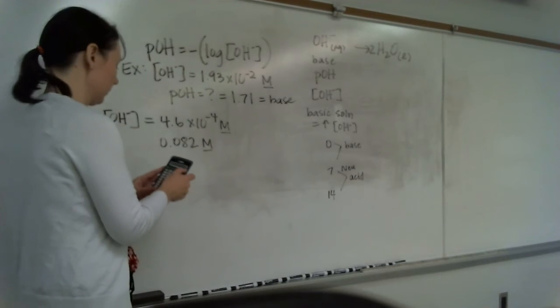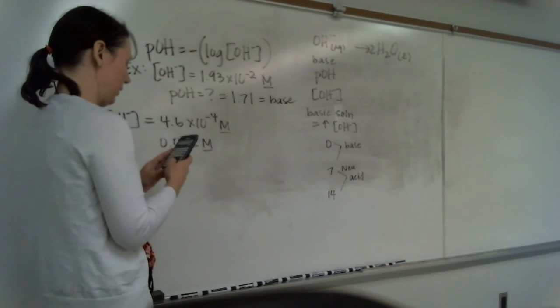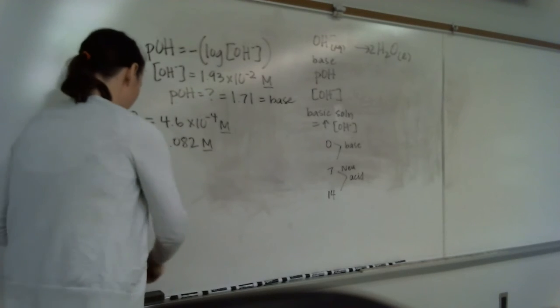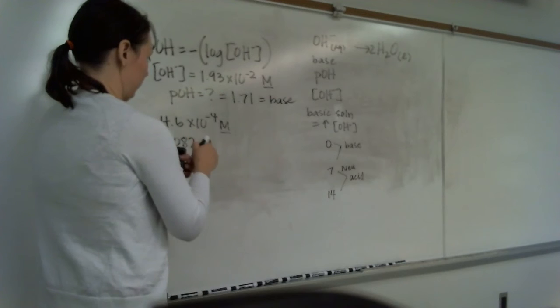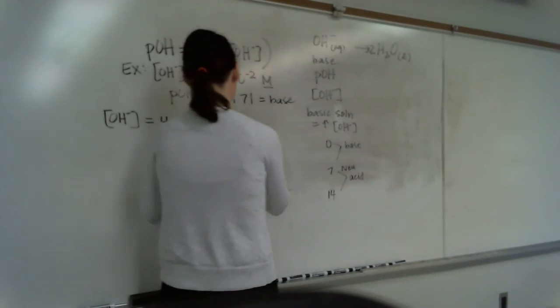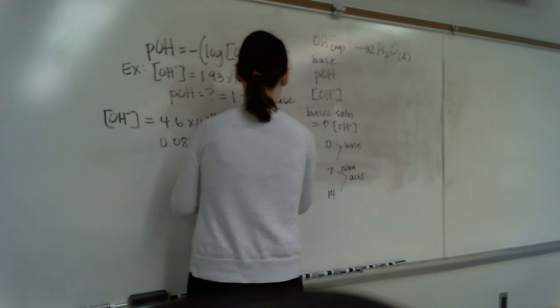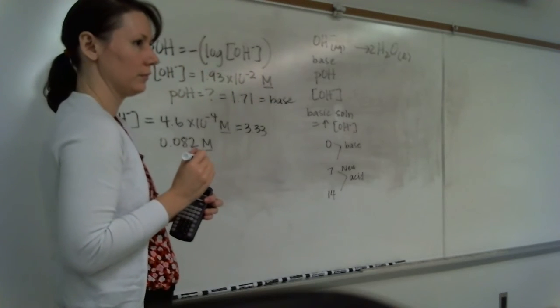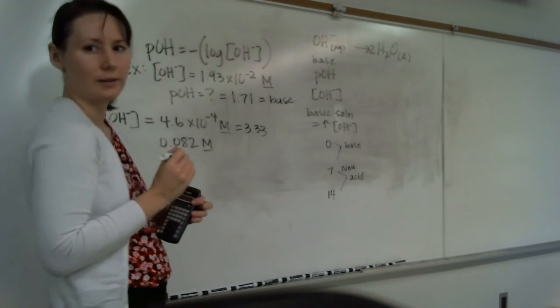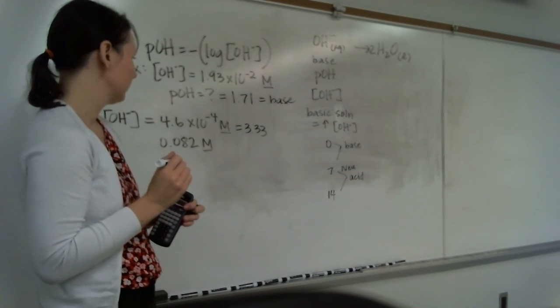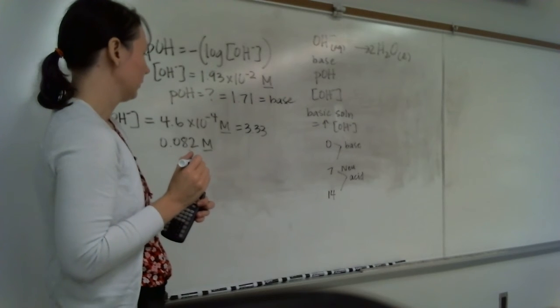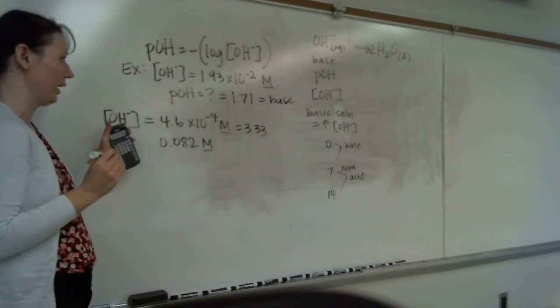Calculator. 4.6 times 10 to the negative fourth. Take the negative log of that. Did you get 3.33? Is that an acid or a base? That's the pOH though, careful.